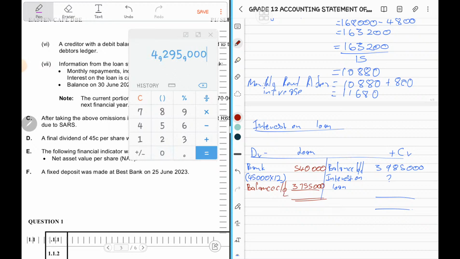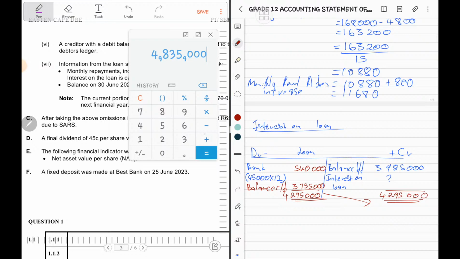So the bigger side, it's the debit side, which is 4,295,000. Then we bring it to the credit side, should be on the same level here. So it will be 4,295,000.